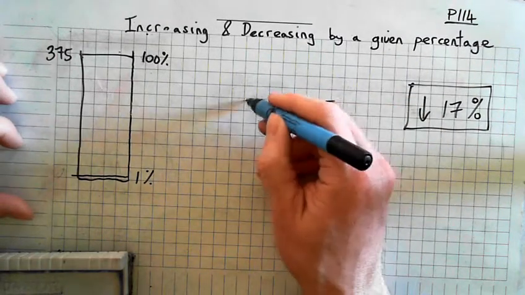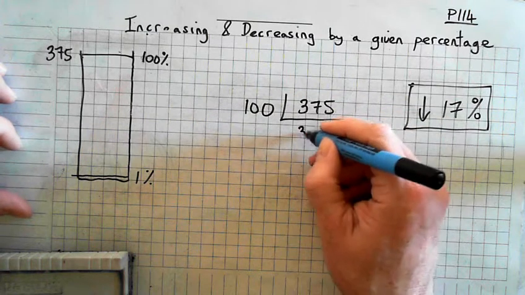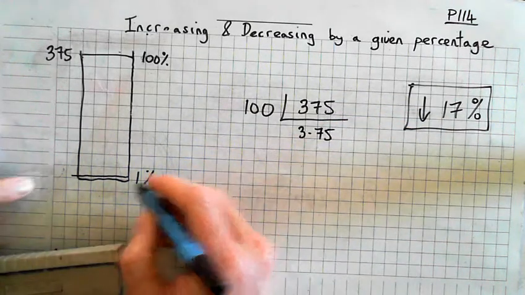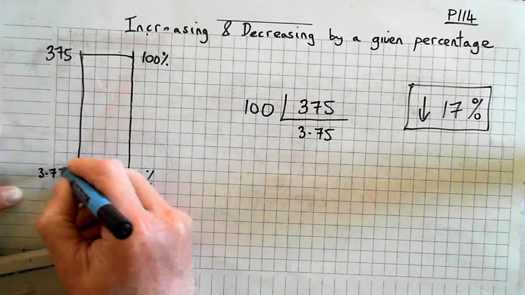So divide by 100: 3.75. So 1% is worth 3.75.